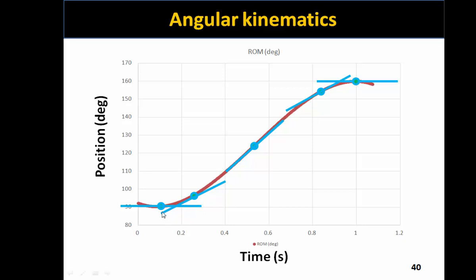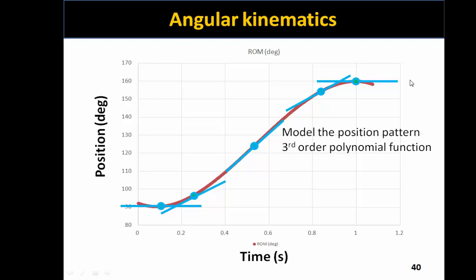So we can say that the knee extension maneuver is increasing in velocity, speeding up, hits a peak, and then slows down to zero, as indicated by the slopes of each of these lines. We can determine almost an infinite number of slopes throughout this motion, and when we do that, we can track the pattern in velocity as a function of time with just the one knee extension maneuver.